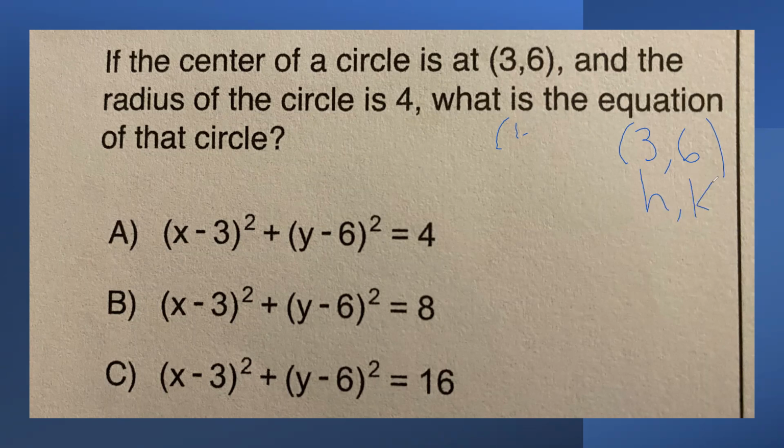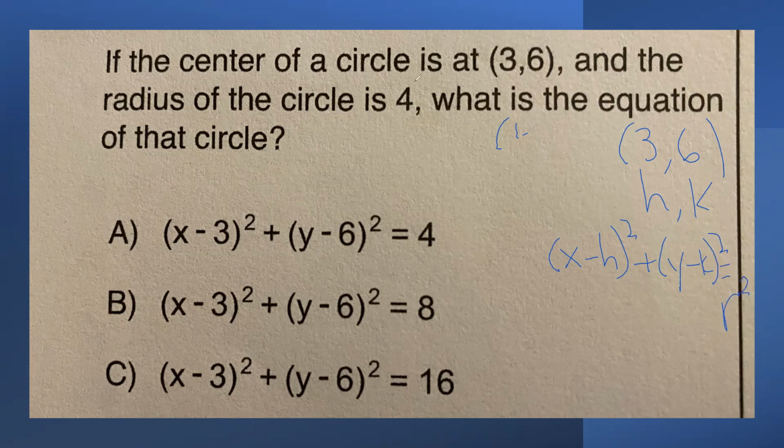So the equation is x minus h to the power of 2 plus y minus k, again to the power of 2, is equal to the radius squared.